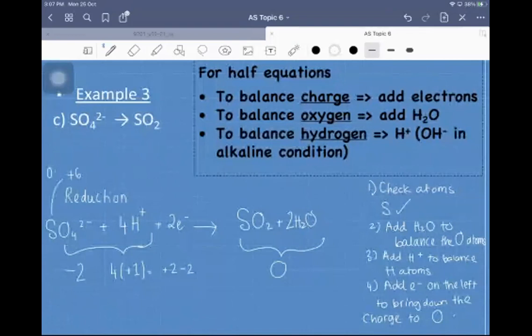So that's the oxidation state. And then in SO2, it would be +4. Again, there's a reduction in 2 units because you have gained 2 electrons. And the bottom part is charge, so you don't get confused. It's easy, okay? It shouldn't take you like 5 minutes to write down a half equation. Moving on.